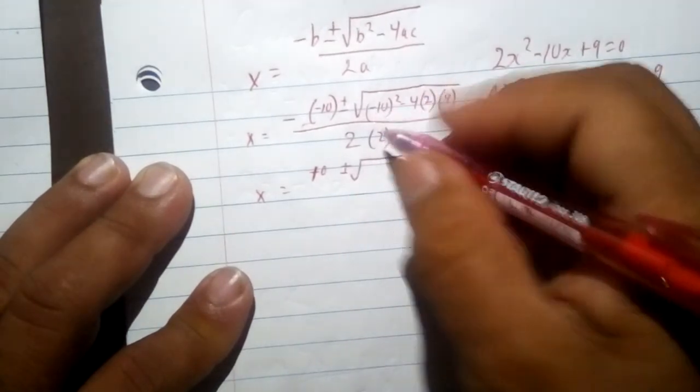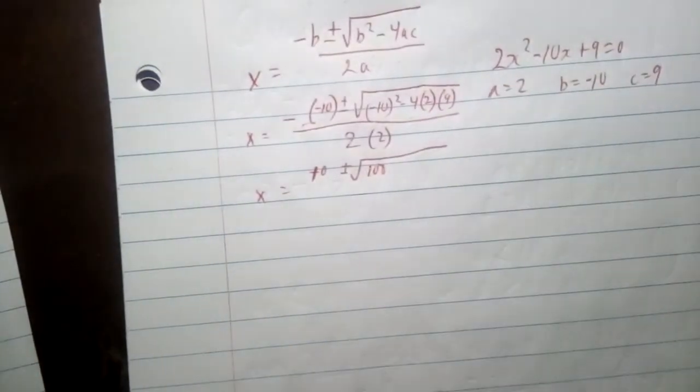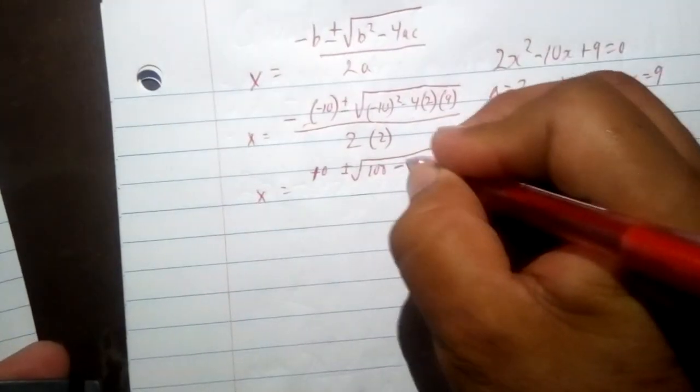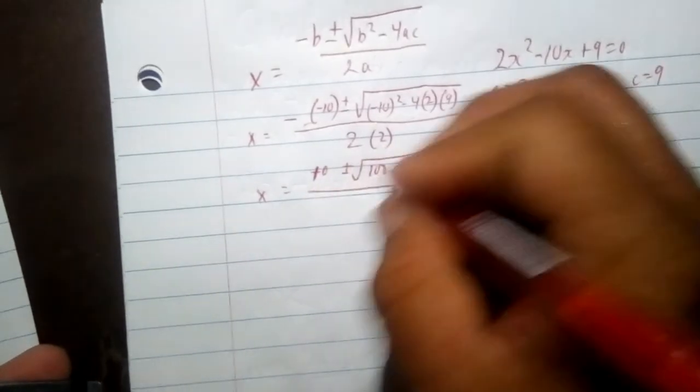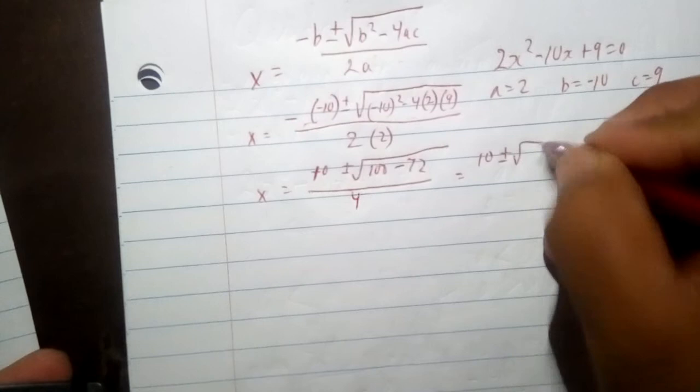Negative 10 squared is going to give us 100. 4 times 2 times 9 is going to give us 72, minus 72, over 4, which equals 10 plus minus square root.